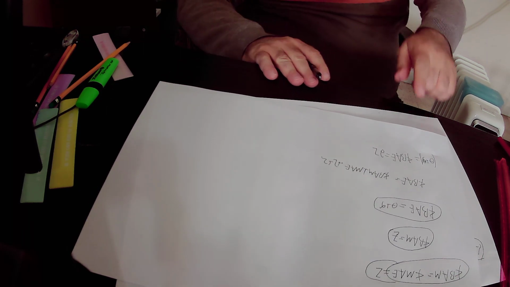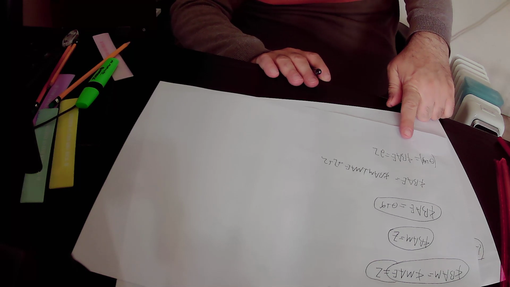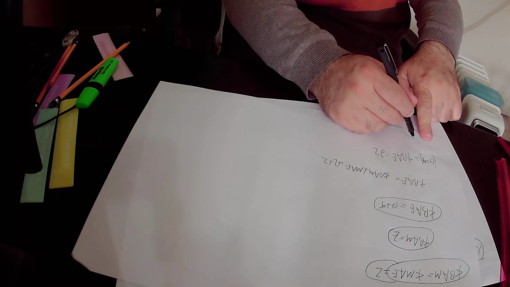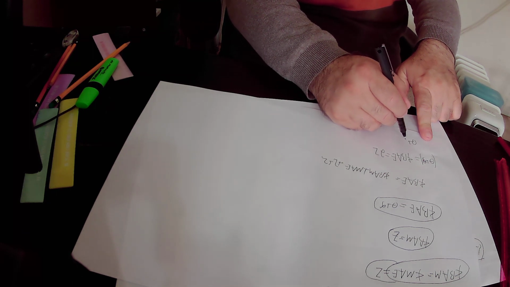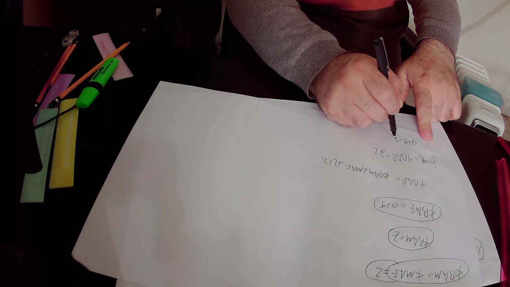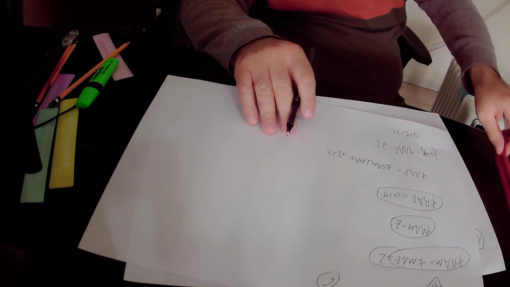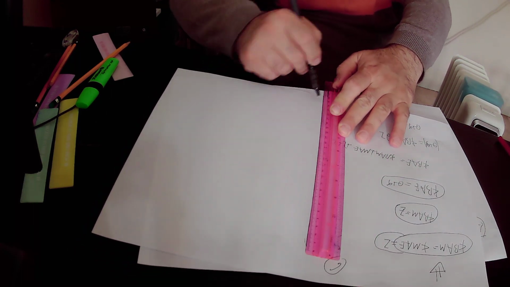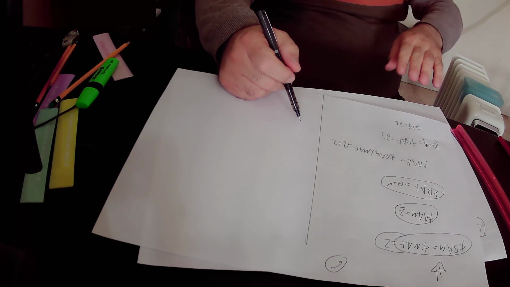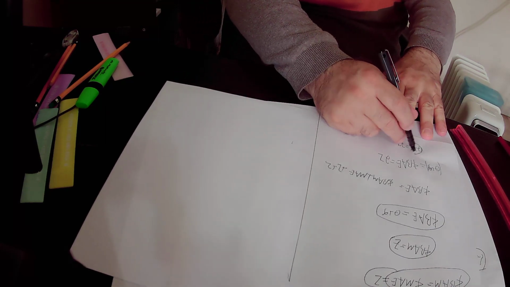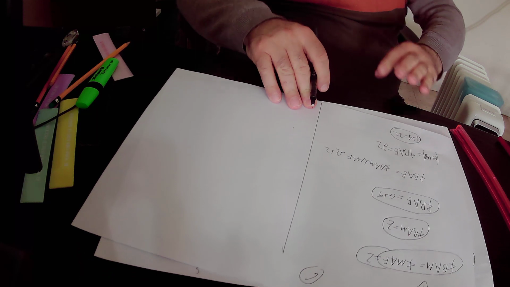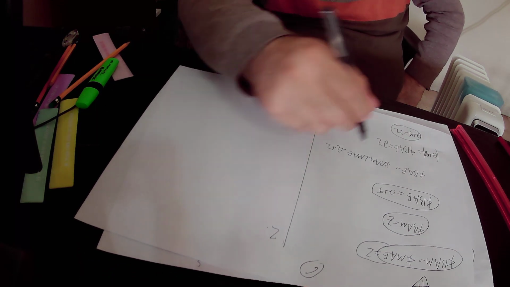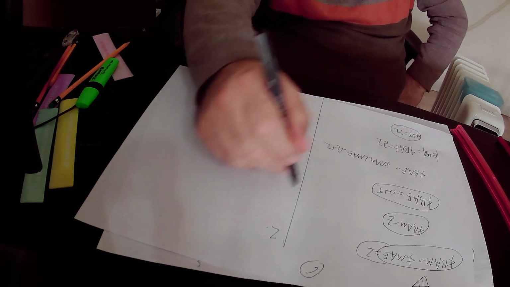So from this equation, we conclude that theta plus alpha equals 2Z. Here we will divide this equation by 2 and we get that angle Z equals (theta plus alpha) over 2.